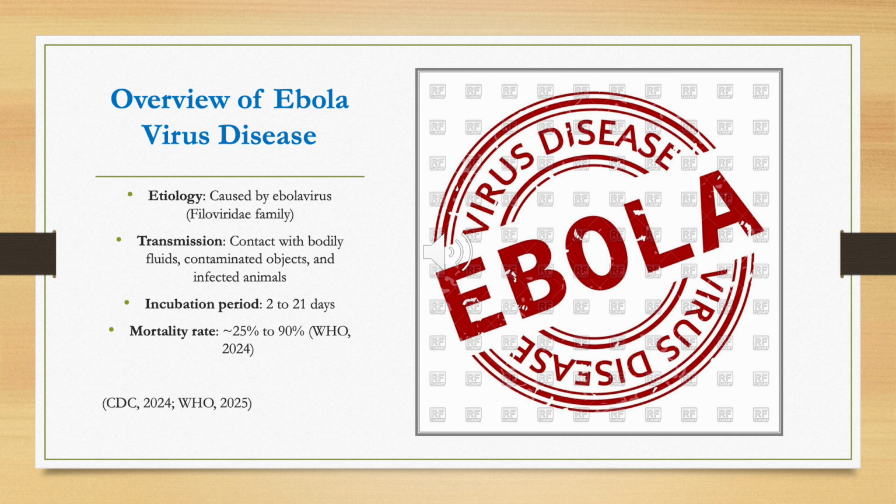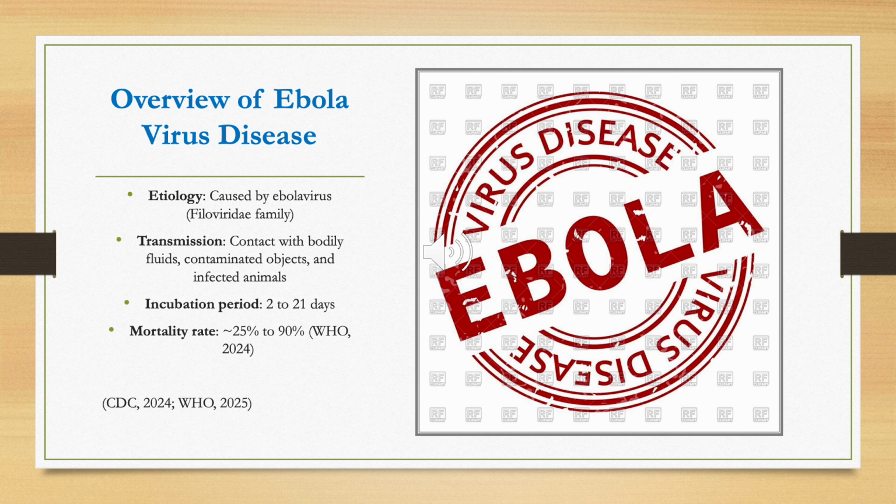Ebola virus is a severe and often deadly illness caused by a group of viruses known as orthoebolaviruses, formerly Ebola virus, which belongs to the Filoviridae family. It was first discovered in 1976 near the Ebola River in what is now the Democratic Republic of Congo.